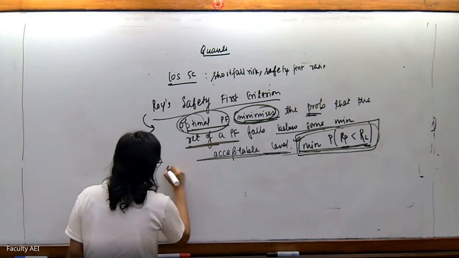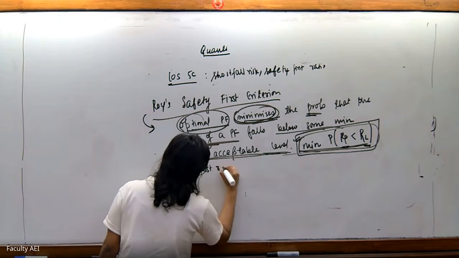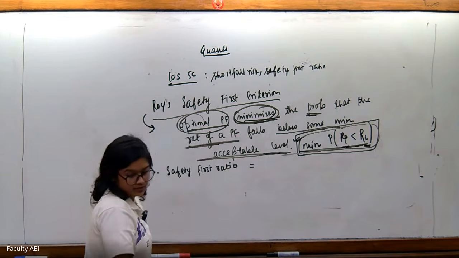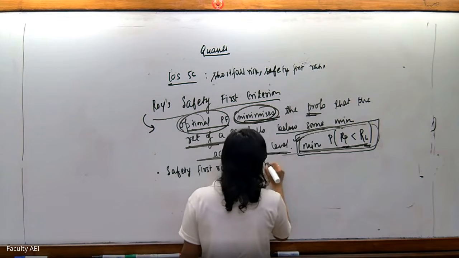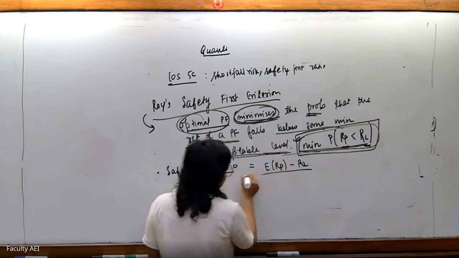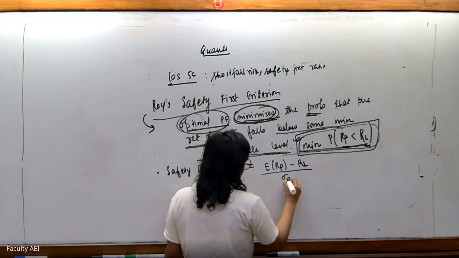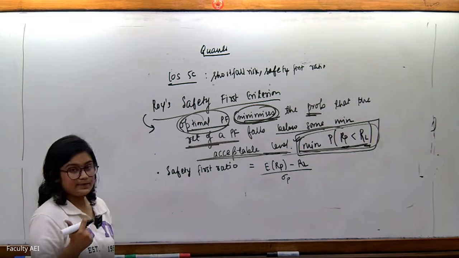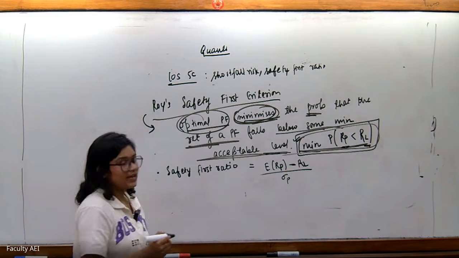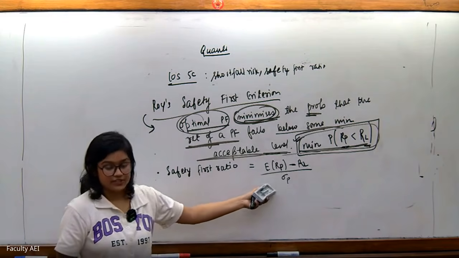So you first calculate the safety first ratio, which is the expected return of the portfolio minus the minimum acceptable level, divided by the sigma of P. So you calculate the expected return of the portfolio, you subtract the minimum acceptable level of the return, you divide it by the standard deviation of the portfolio.